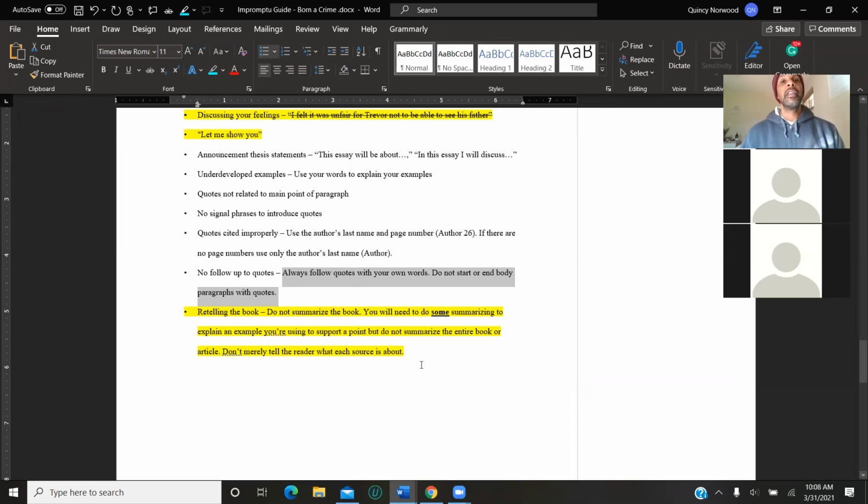And then finally, I said two pages or 2.5 pages is not an auto fail for the impromptu. Typos are not an auto fail. Here are some things that are auto fails. Plagiarism.